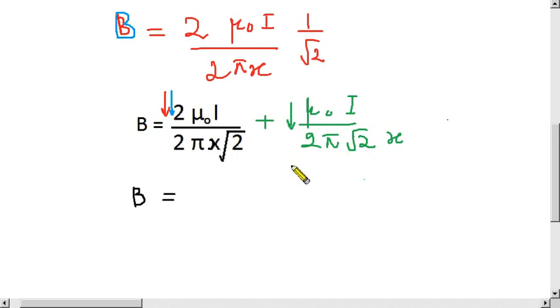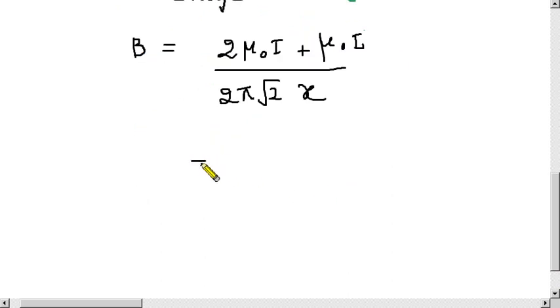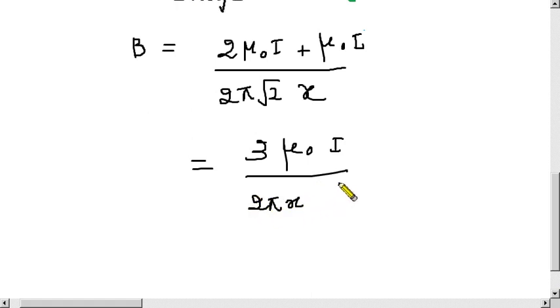Both denominators are equal, therefore let us take 2 pi root 2 x. Don't cancel this one, then they will not be equal and you will have problems. Let us now write just the numerators, 2 times mu naught I plus mu naught I. So now we get 3 times mu naught I divided by 2 pi x root 2.